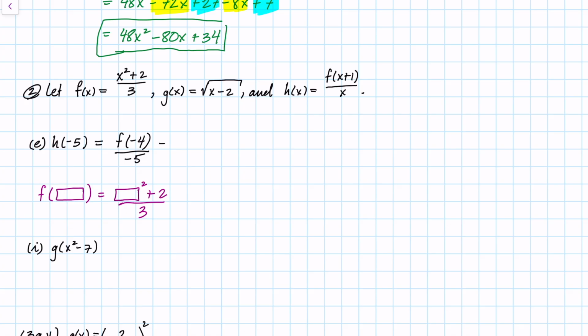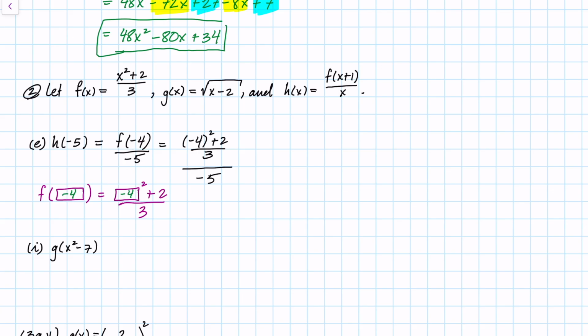So I'm going to do the same thing here. It's just that what's inside the box is negative 4. So this is actually negative 4 squared plus 2, divided by 3. That is f of negative 4. And all of that has to be divided by negative 5 because we have a negative 5 here.